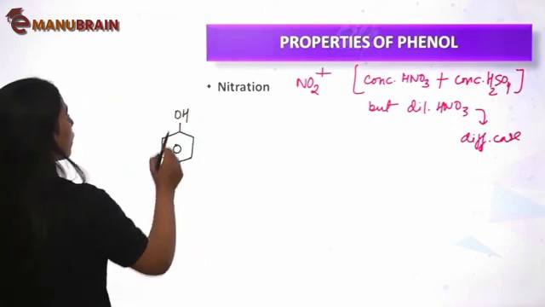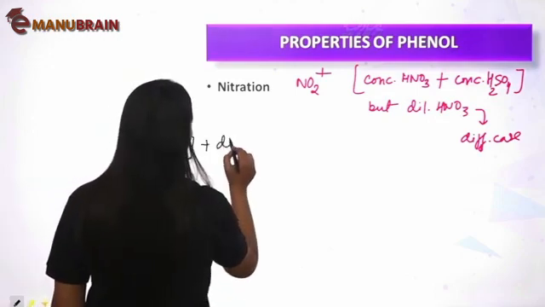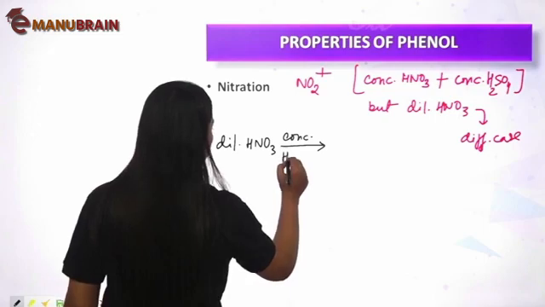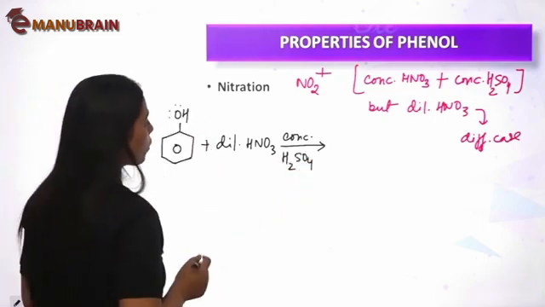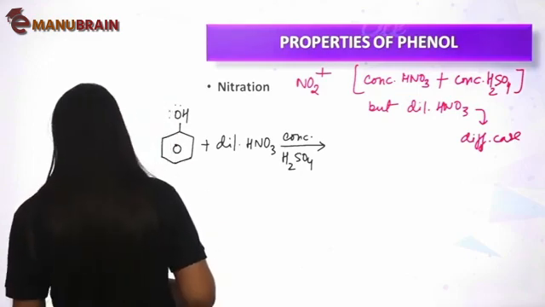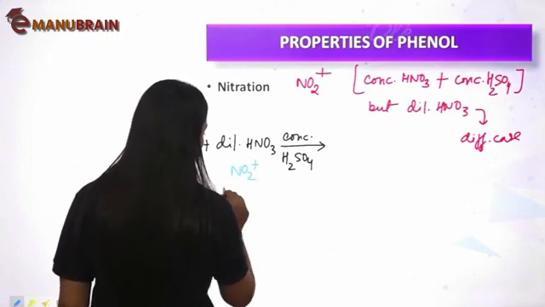This is phenol, and when it reacts with dilute HNO3 in the presence of concentrated H2SO4, the concentration of the electrophile, that is NO2 plus, will be less, right?